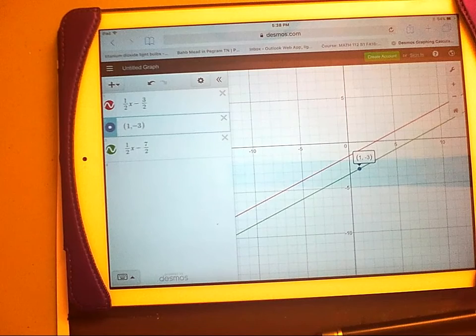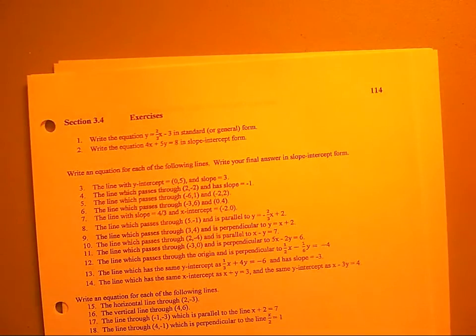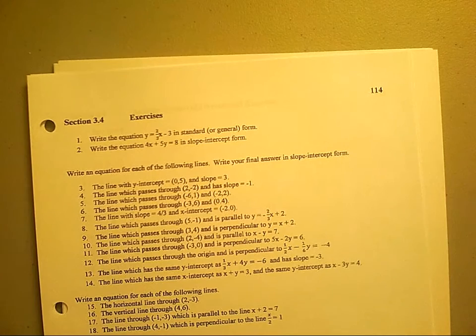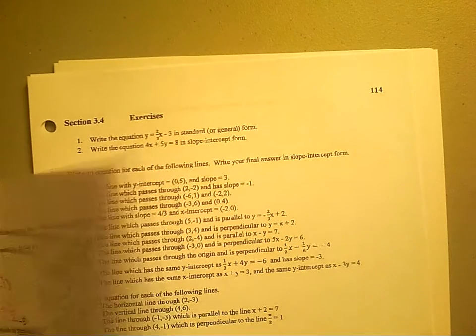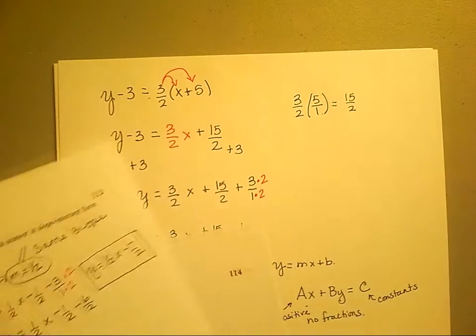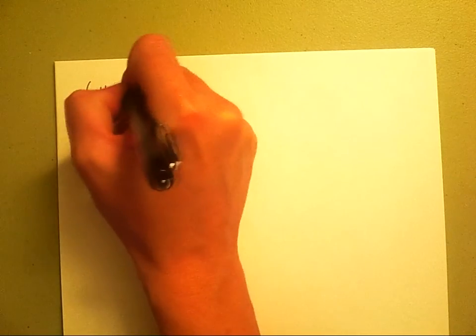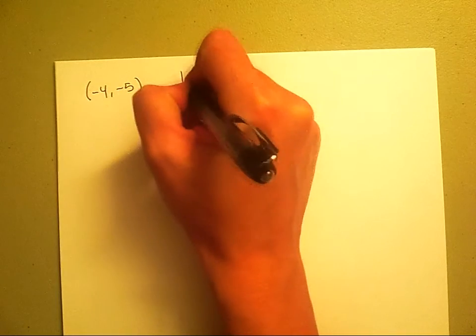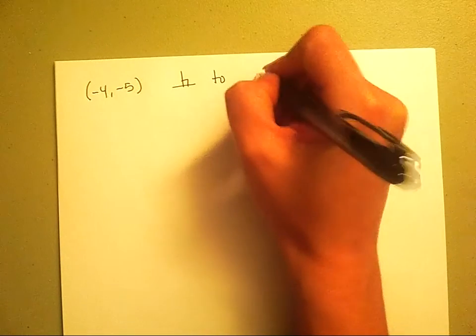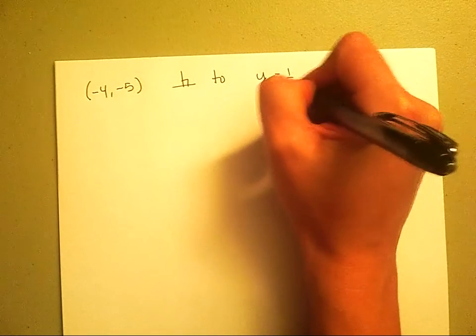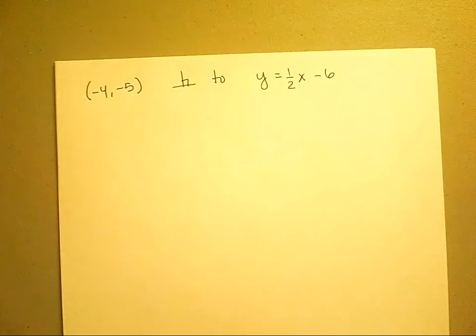Okay, so now we are looking at the next one where we need to be perpendicular to a line. So let's do that one as well. In this case, we want it to go through the point (-4, -5), and we want to be perpendicular to y equals 1/2 x minus 6.